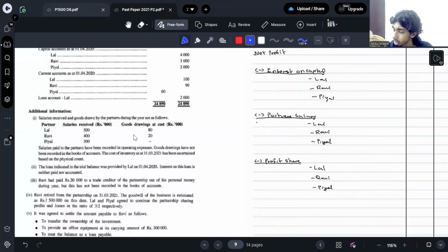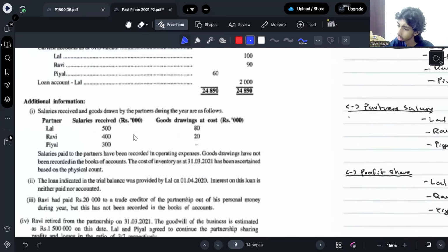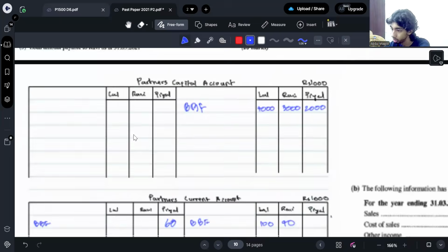Then additional income one. Salary received and goods drawn by the partner during the year are as follows. Salary received, that means the amount they have got in cash. The salary earned will be credited, the amount paid to them will be debited. So partner's current account debit, cash credit. So salary and goods drawn.